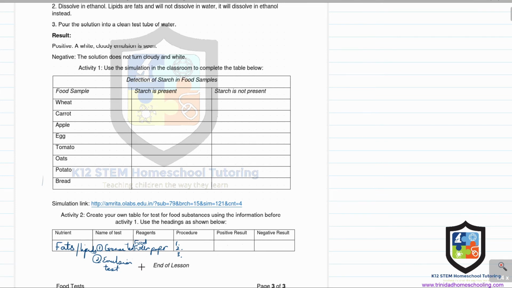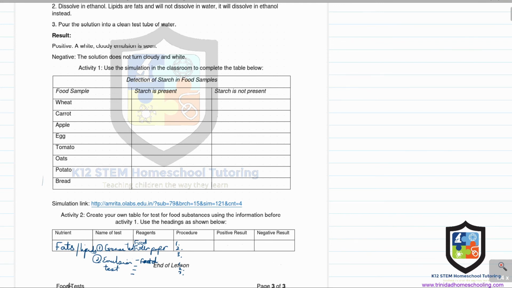For the emulsion test, your reagents are your fat or your food. We don't know if you have fat yet, so your food, and the reagents you need, including your water. You list your procedure. The positive result you're looking for is a white cloudy emulsion. Negative result: solution does not turn cloudy white.